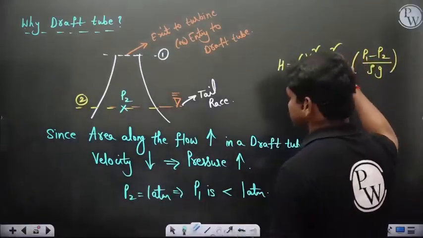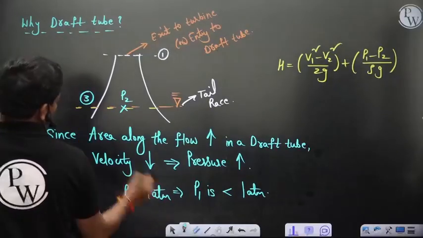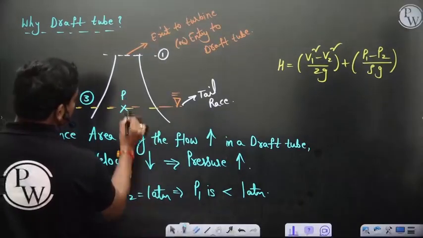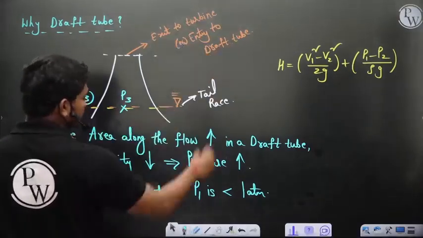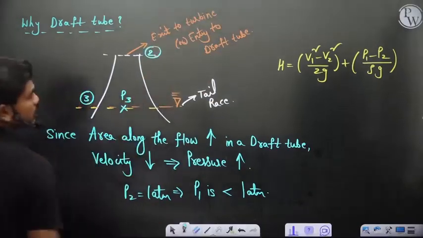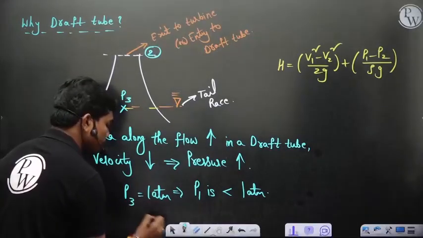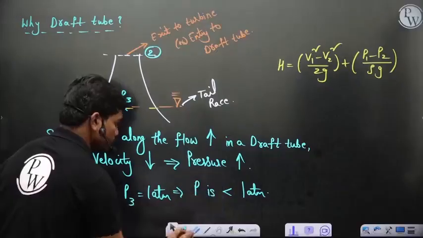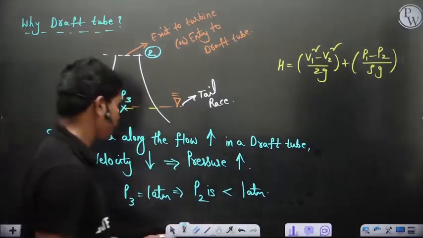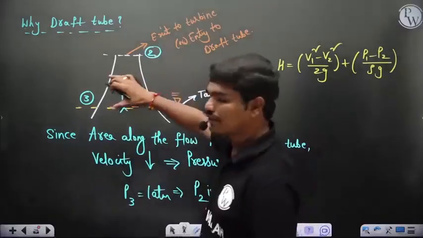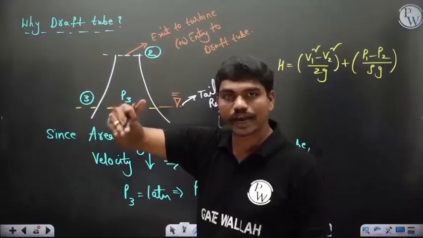Don't get confused between these two, P1 and P2. Here the terminology is, let's call this point 3 and this pressure P3, and this is state 2, let's say exit of the turbine, so that both nomenclatures will match. So this is section 2 and this is section 3. P3 is actually 1 atm, which tells you that P2 is less than 1 atm. If P2 is less than 1 atm, that means with the help of a draft tube, the pressure difference across the turbine is high, so the head developed would be high.